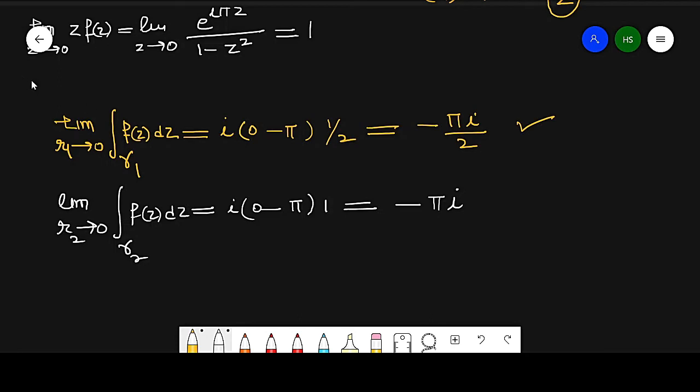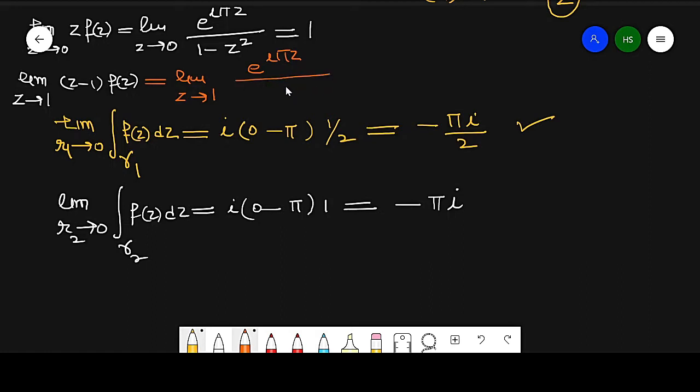Now the next term, which is the third part: the limit as z approaches 1 of (z minus 1) into f(z). So in this case, the remaining part is e raised to the power iota pi z over z minus 1.